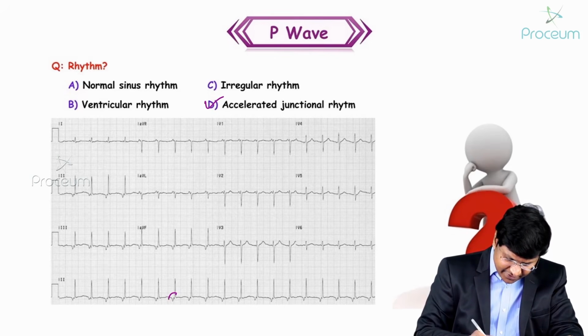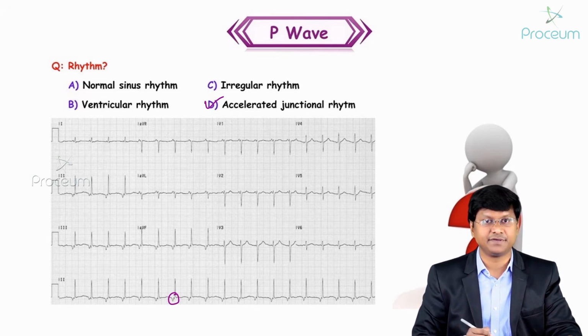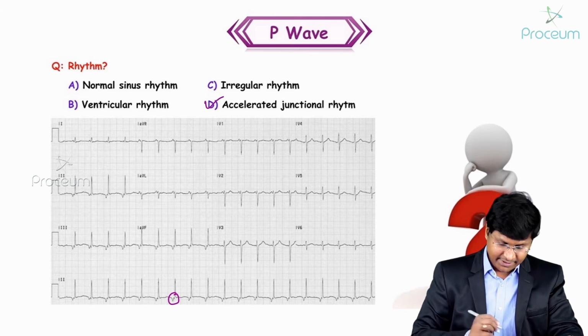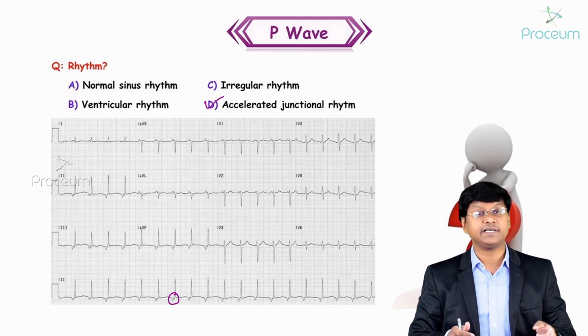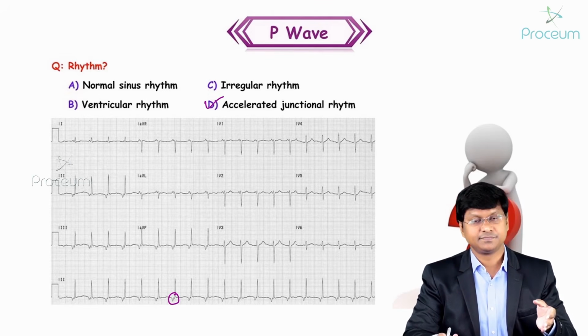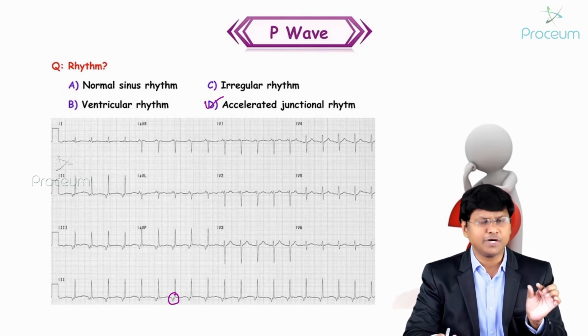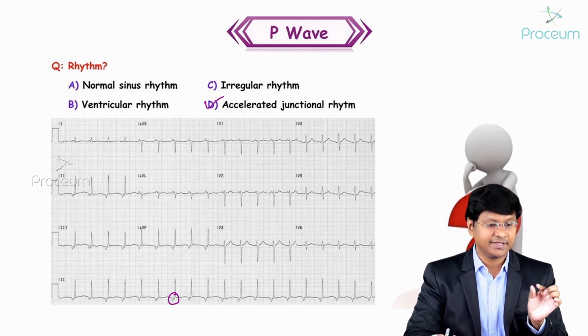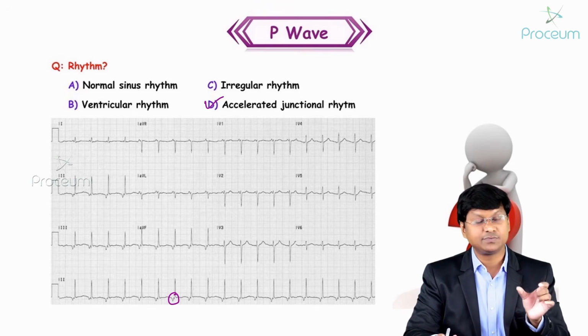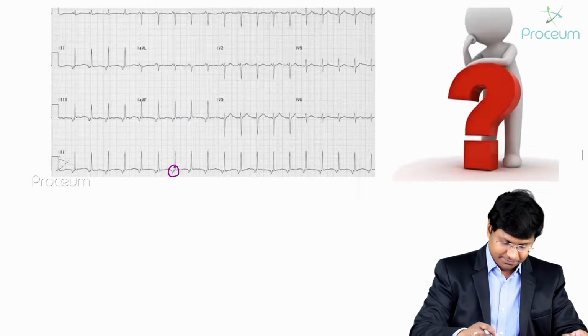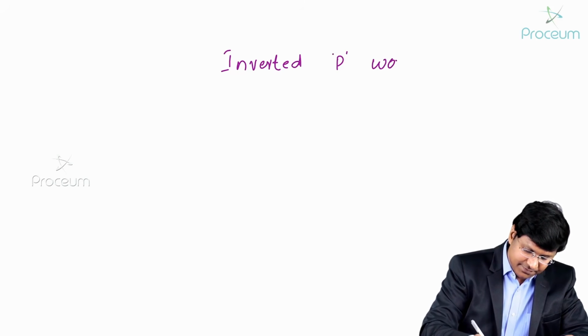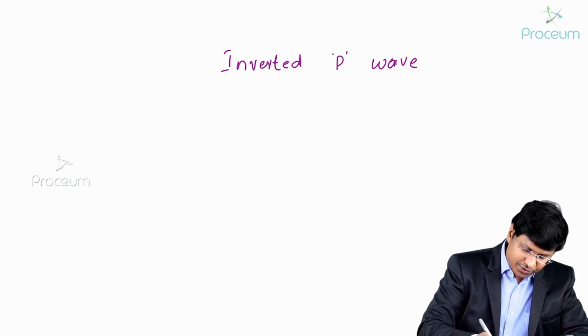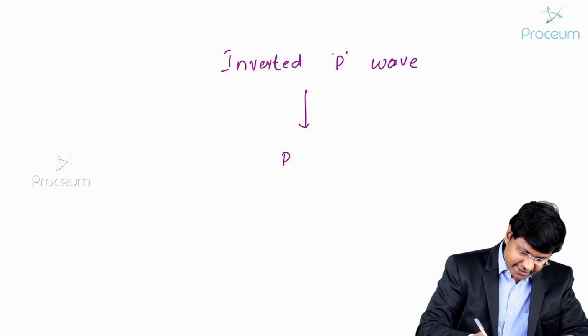If you see the P wave, it is an inverted P wave that you're having here. Now, whether the inverted P wave has a short PR interval or a normal PR interval will decide the rhythm. So in a scenario of an inverted P wave in the ECG, you need to check the PR interval.